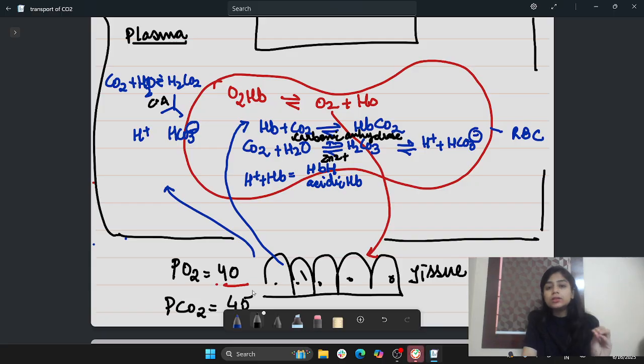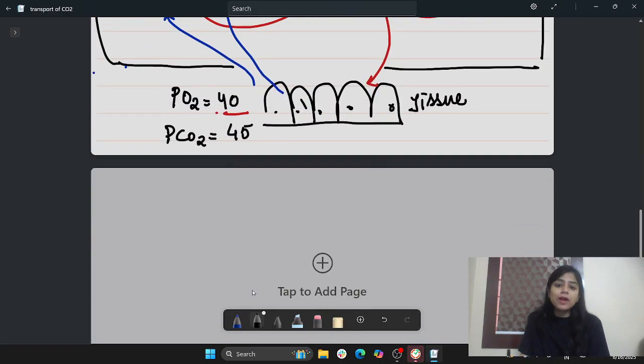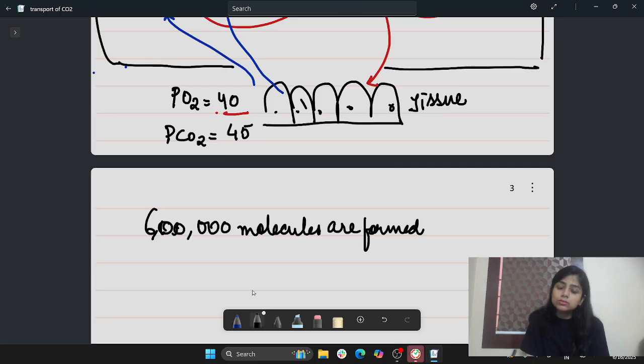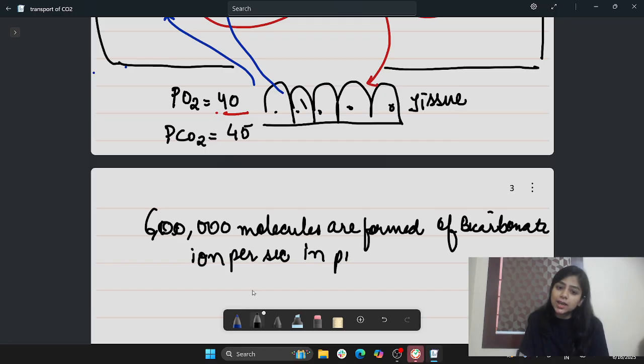As you have learned in biomolecules, what have you learned in biomolecules? You have learned that 6 lakh molecules of bicarbonate ion are formed per second in presence of the enzyme.